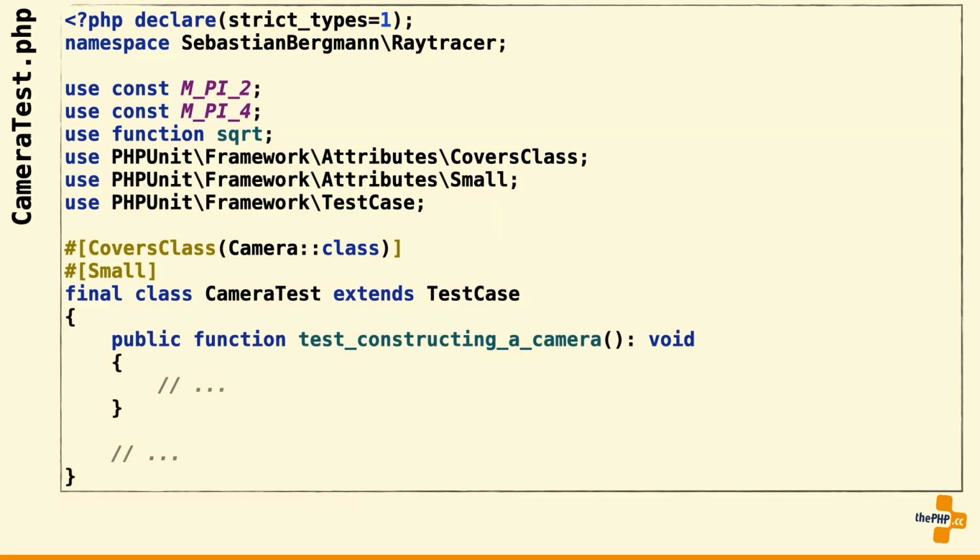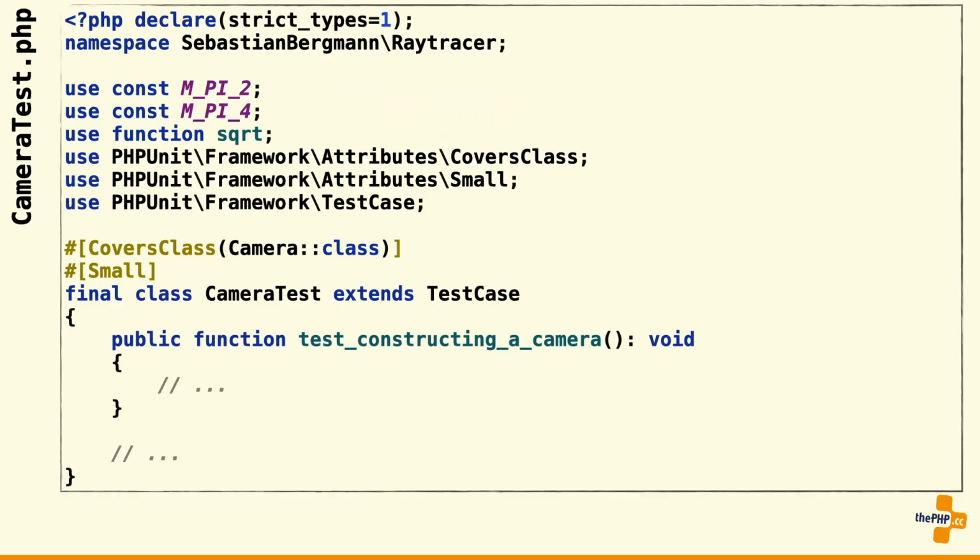Over time, I discovered a lot of other useful things that would help with getting the most out of this metric. For instance, making your intent clear what you want to cover with a specific test. This is where in the before times, like before PHP 8 and PHPUnit 10, we used annotations, text in comments, in special comment notation, to mark the target for code coverage of a specific test.